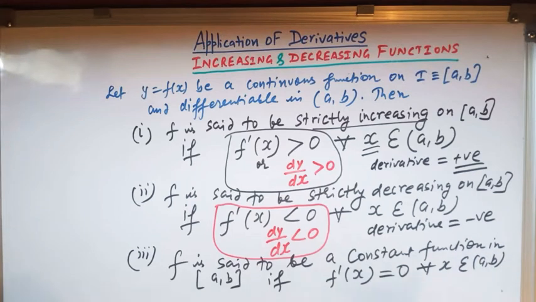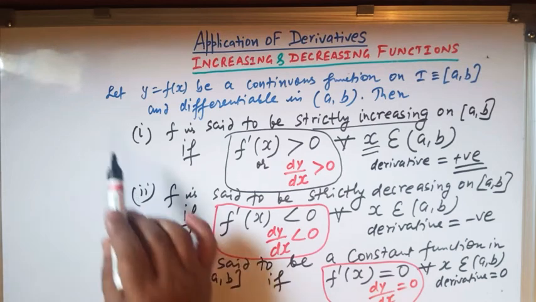So it means here we have the derivative equal to 0. If the derivative of the function is 0 or it vanishes for each x belonging to the open interval a comma b, then the function is said to be a constant function, because in that case the tangent becomes parallel to x-axis. Clear?